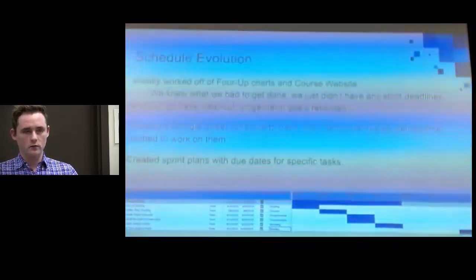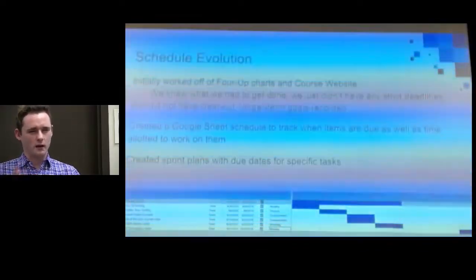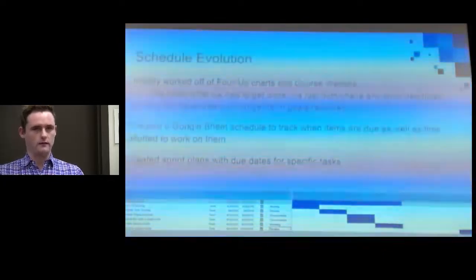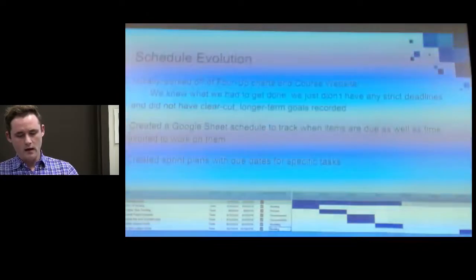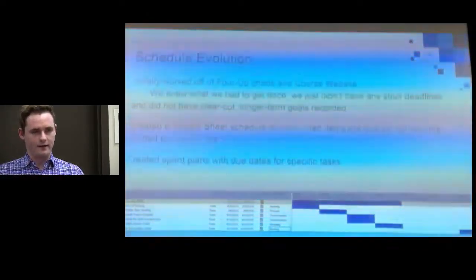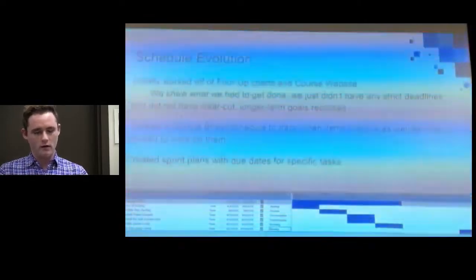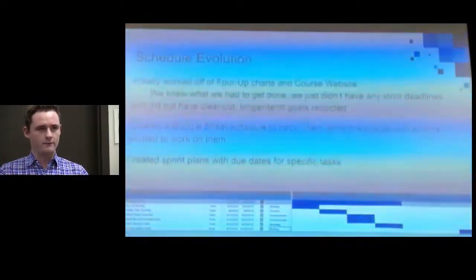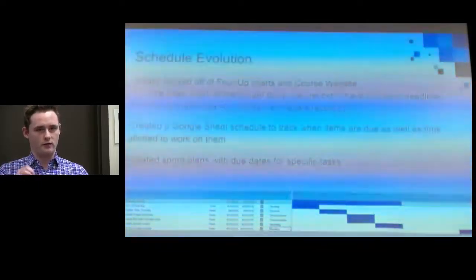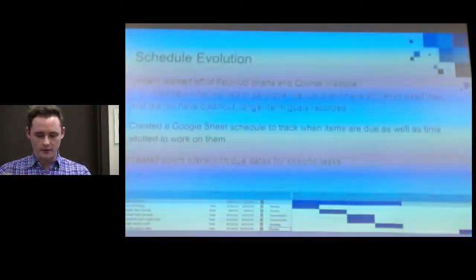From this, we knew what had to get done each week, almost like mini week-long sprints, because we had what needed to be done and what was done. We just didn't have a ton of strict deadlines and didn't have any longer-term goals laid out on paper. So this was a problem because we were getting stuff done, we just didn't have a specific direction.